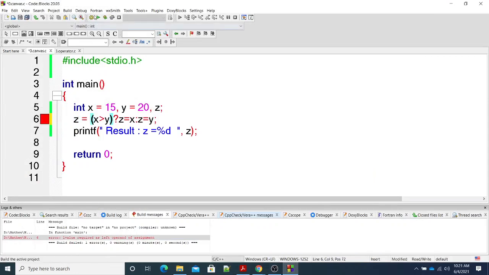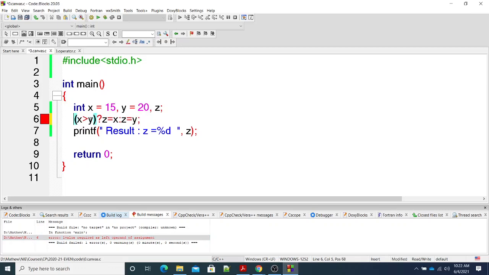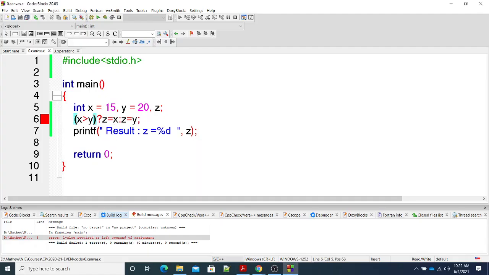Let me see. I think this way of repeating the variable on the right hand side is not allowed in this compiler. So rather we'll use this way.